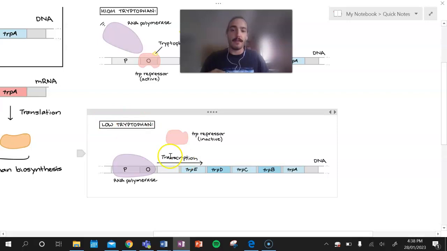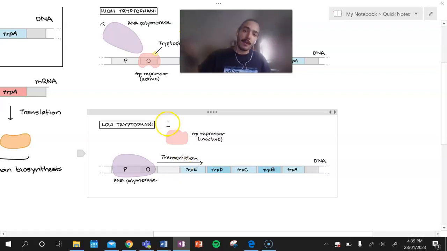So now we see it floating just in the cell or in the bacteria. And now we can see that RNA polymerase can bind to the promoter and start that transcription process. If you think that next step forward, this sequence is going to be transcribed, translated into proteins that are going to end up being the tryptophan.